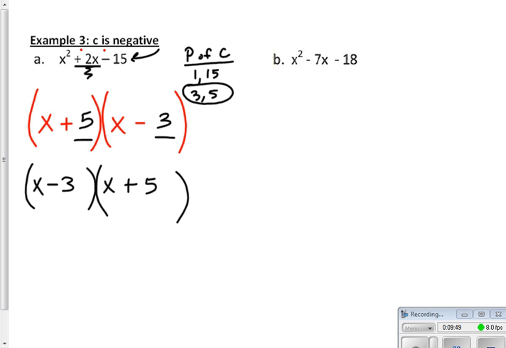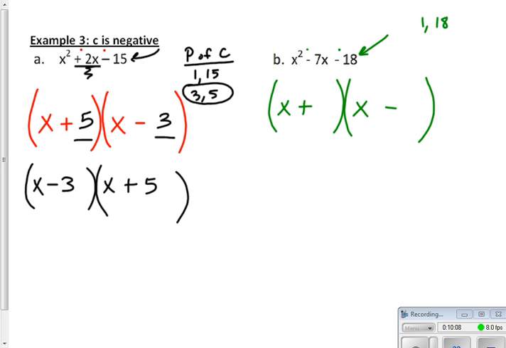Looking at our next example here, we have a minus minus for the trinomial. So our binomials are going to have a positive and a negative, and we'd have x and x. Again, what has the product of c? And we could list these out.